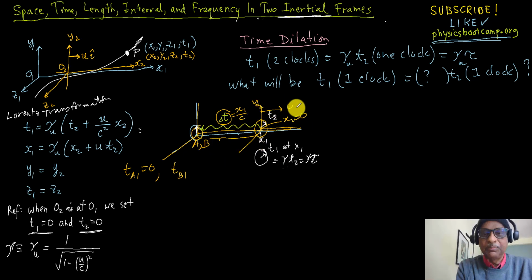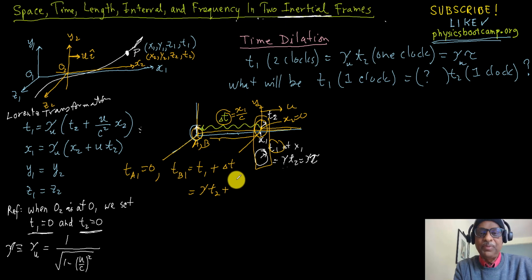So this is moving to the right, so TB1 will be this T1 moved over there, what I saw compared with that, plus I have this delta T, and that together is gamma T2, and delta T is x1 over c. So what's this x1?